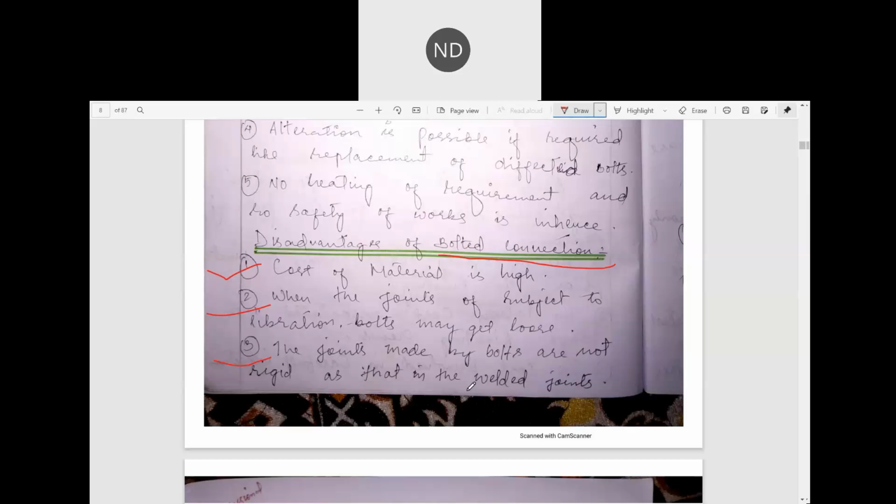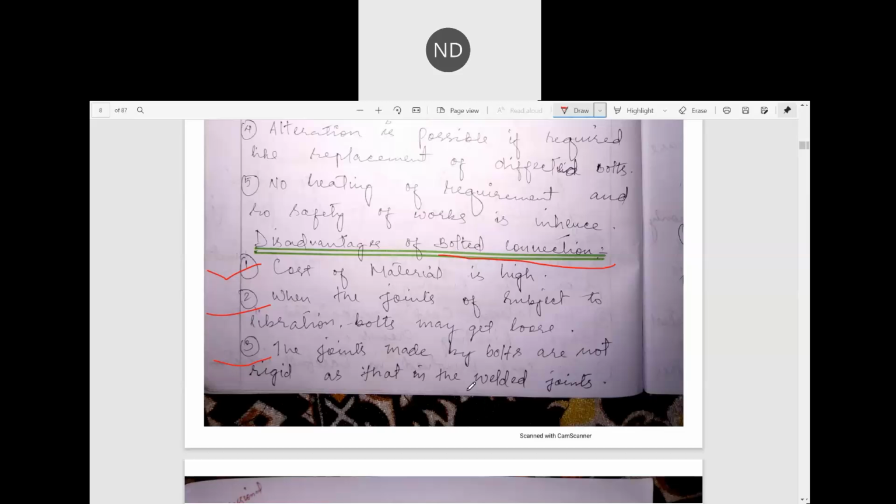Welding gives you more strength because it can connect the members together properly as compared to your bolted connection, because bolts you have to tighten. If it loosens, then it may fail, or it may not be able to take as much load as it was supposed to take, right?